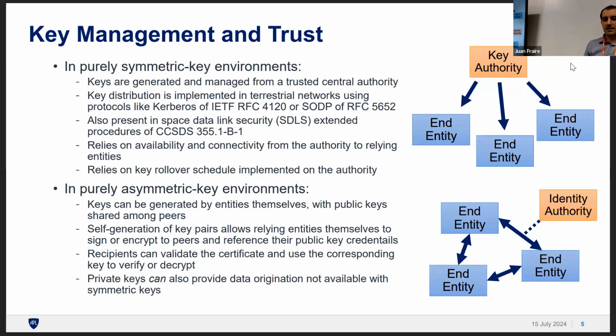And this is something that exists in terrestrial networks and exists in space networks currently, but it limits the size and the dynamicity of networks because you start to rely on the key authority for things that the key authority doesn't even necessarily have visibility into, especially when talking about key rollover.